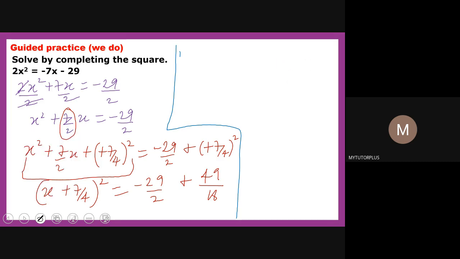Okay, now. So from this now, I'm going to have x plus 7 over 4 all into bracket square equals, now find the LCM for 2 and 16. That should be 16, right? Is that correct?